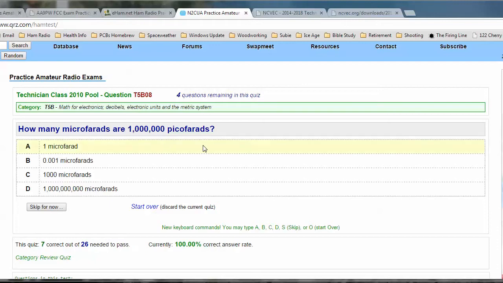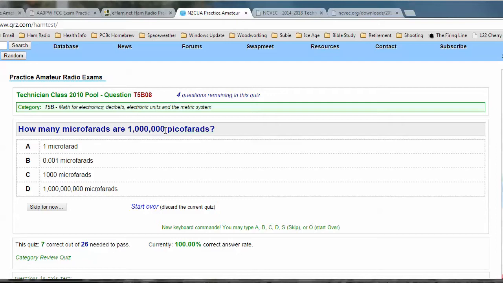If you go from microfarads to picofarads, which is a smaller unit, the number's got to get bigger. So you have to go 12 decimal places to the right. So that'd be, have I confused myself? Oh, I take that back.